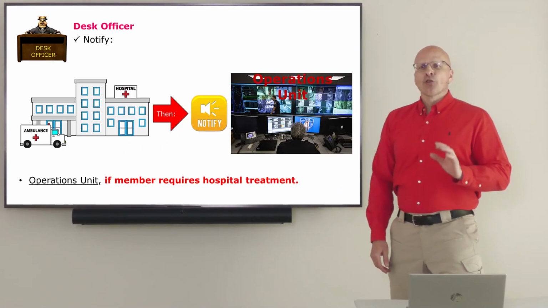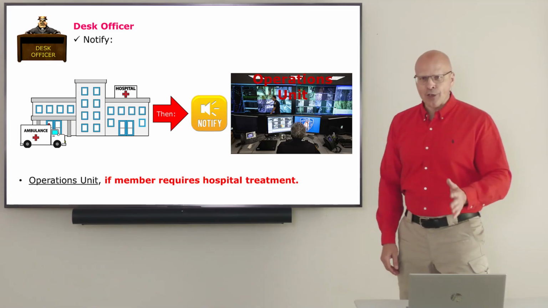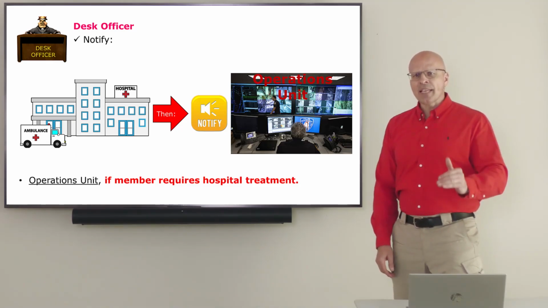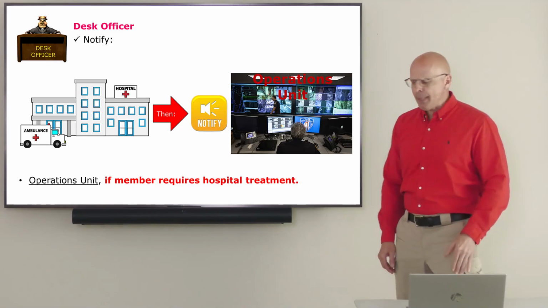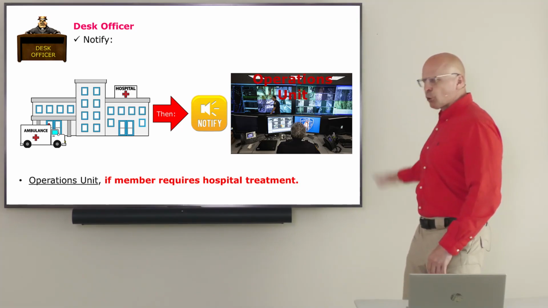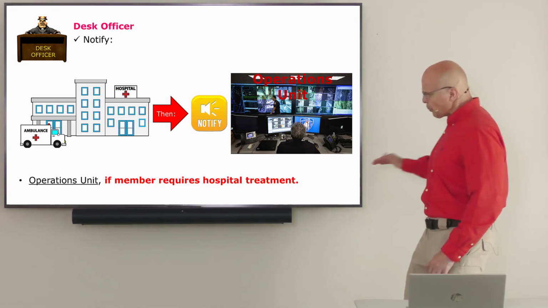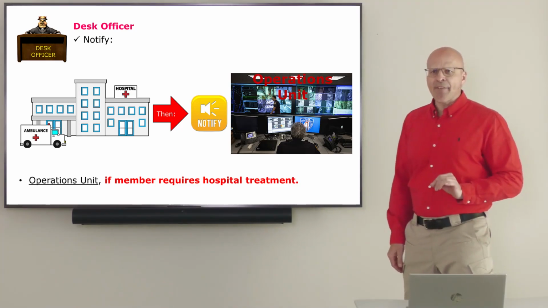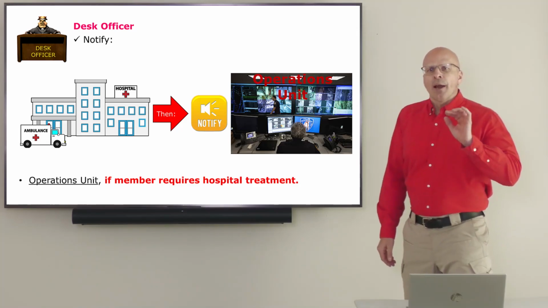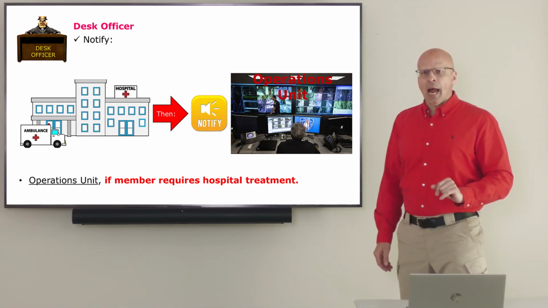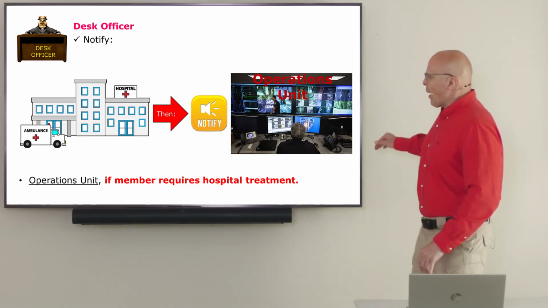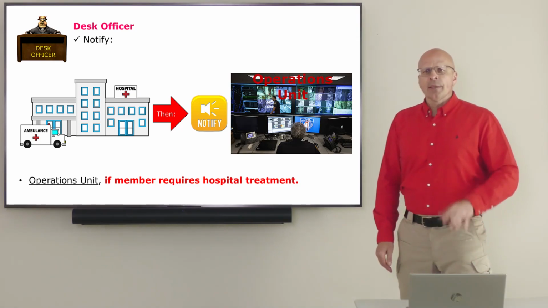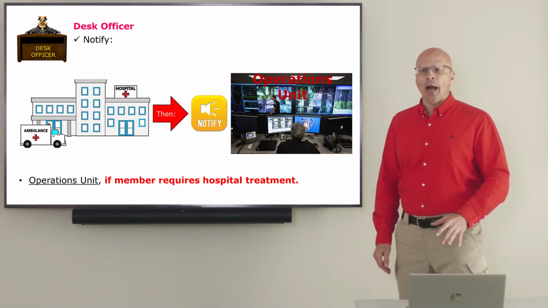And then we have the notification to the operations unit. When does the desk officer have to notify the operations unit? If the member requires hospital treatment. If the member requires hospital treatment. Be very careful about this, because in many procedures in the guide, they say when a member requires hospital treatment, the operations unit has to be notified.